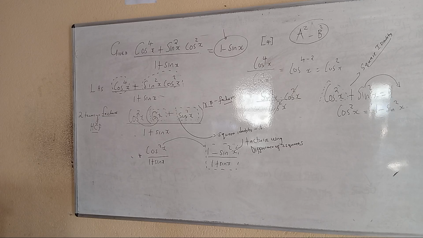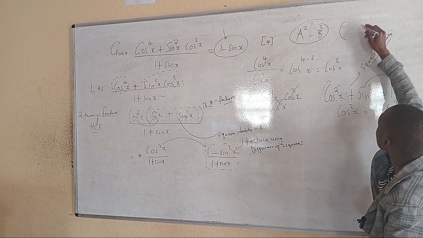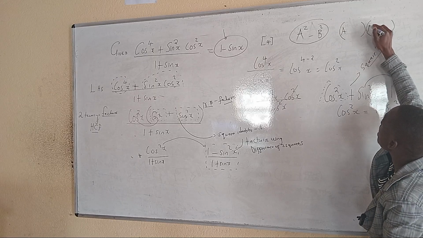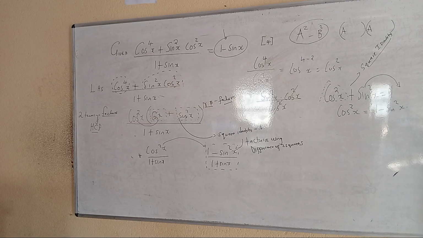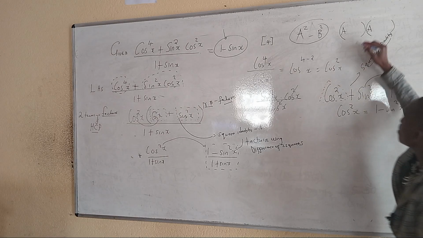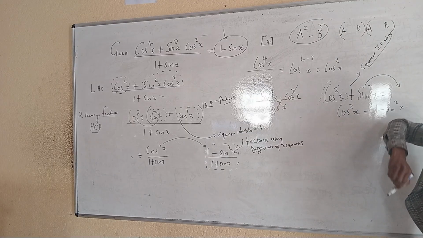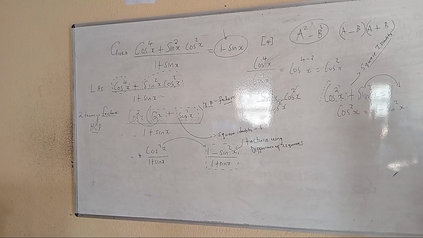They are squared, a squared, b squared. So when you factorize it, you open two brackets. You say a times a will give me a squared, and then b times b will give you b squared. Their signs must differ. So you have factorized using what we call the difference of two squares.